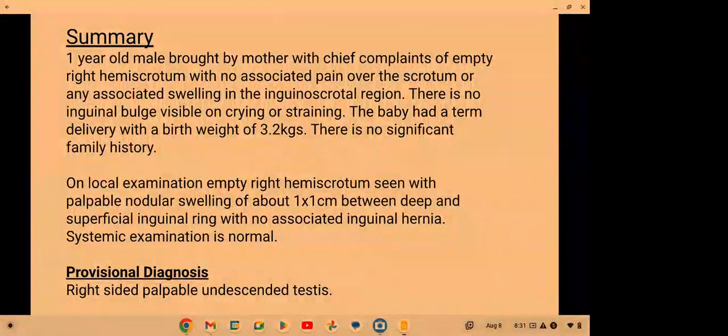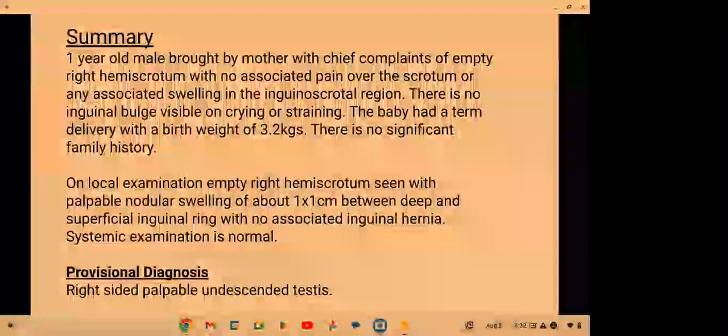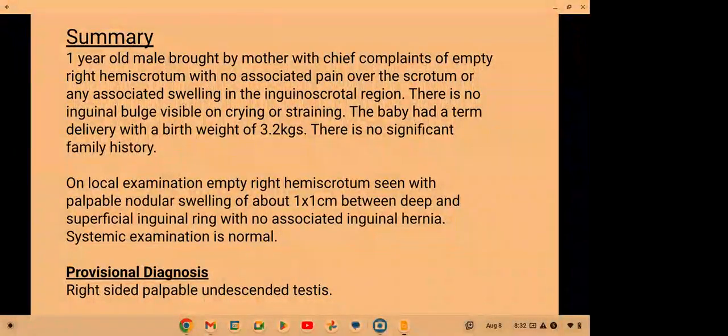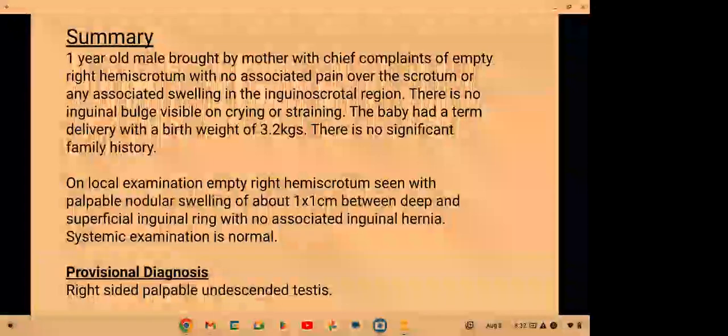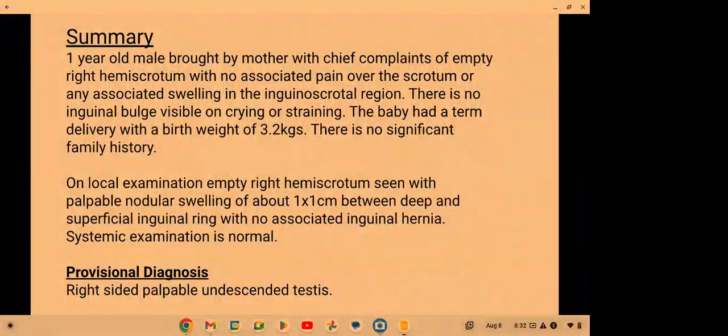What other ultrasonography examination do you order? Just ultrasonography of the bilateral inguinal region, is it sufficient? No, sir. As was mentioned, at least you will have to do an abdominal ultrasonographic examination to check whether a ventral hernia is visible, whether there is any associated genitourinary tract abnormality, like the same-sided kidney being absent.